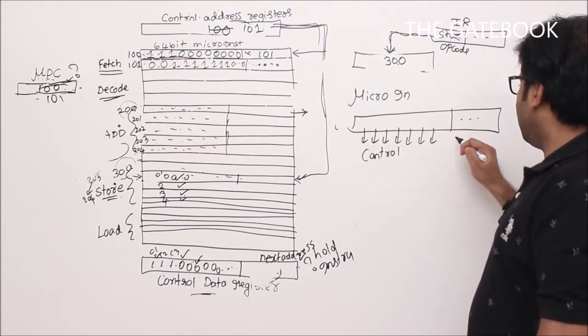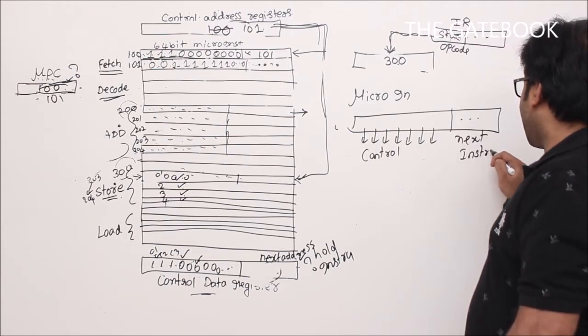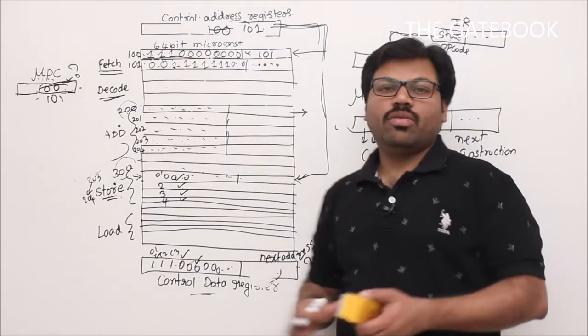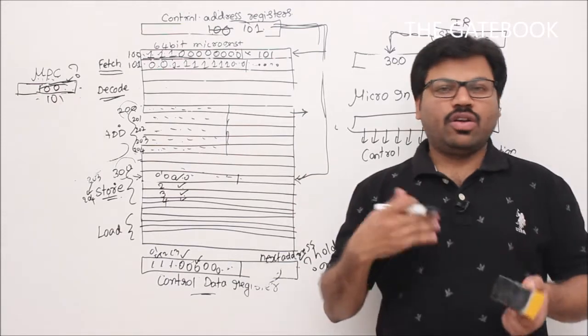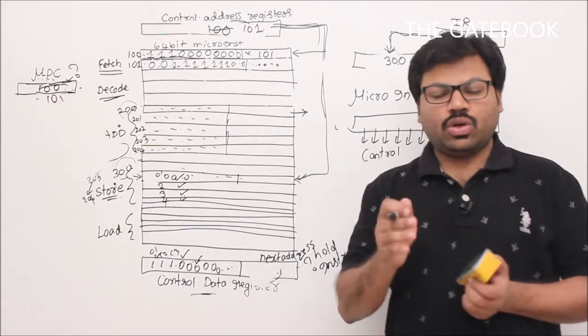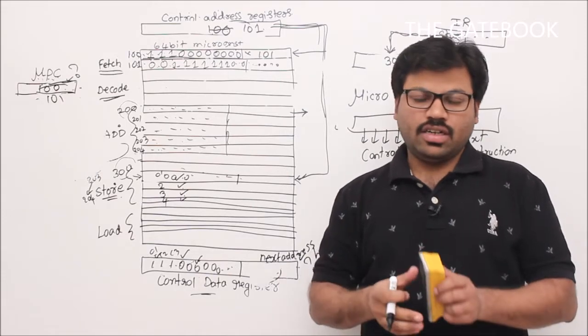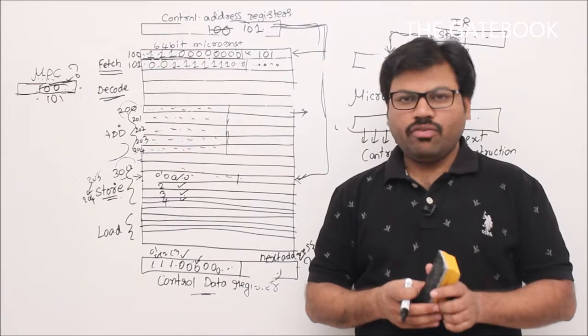The second part is showing the next instruction. Okay, so that is about these micro program instructions. Now we'll see more details about this micro program control unit. There are two types actually: vertical micro program control unit, and second one horizontal. We will see what is the difference between horizontal micro program and vertical micro program.